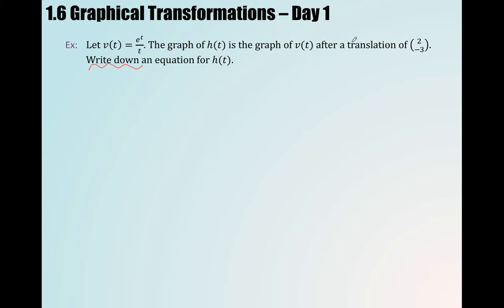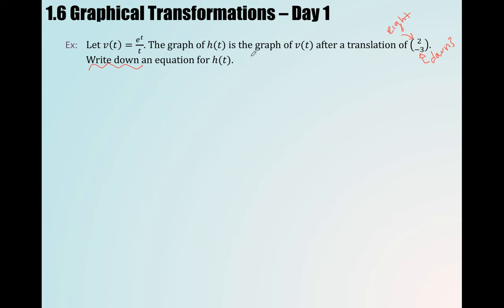What does that 2 and that negative 3 indicate to us? This means that we are moving right 2, and this means that we're moving down 3. So how can you indicate that?